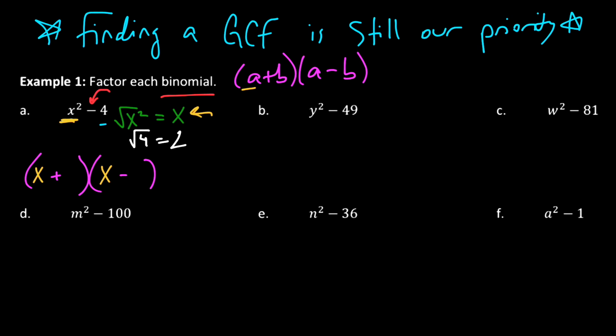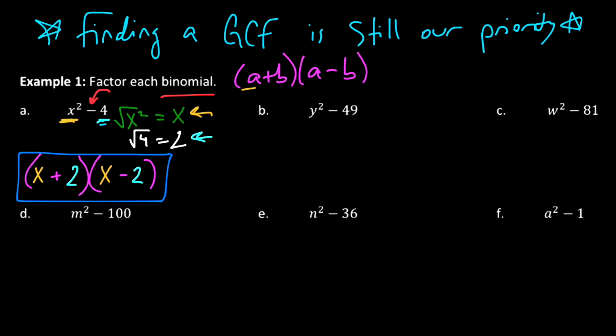So I fill that into the first slot of both parentheses. And then the second slot of my parentheses we find by taking the square root of our second term in our binomial, which we did right here. So that's going to be a 2 that we fill in. And so then that's my final answer. x plus 2 times x minus 2.